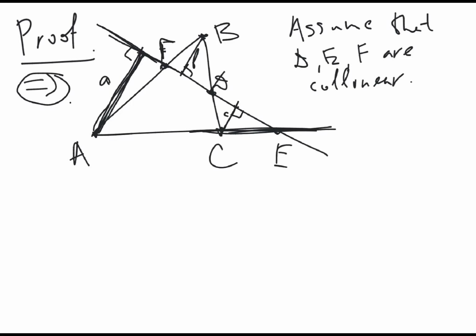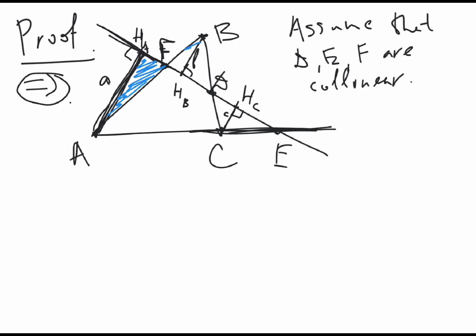Now let's denote the altitudes HA, HB, and HC. We have triangles, let's show them in blue.